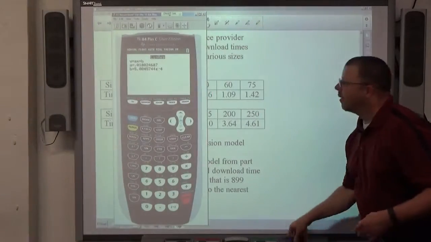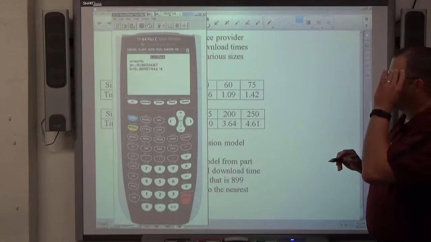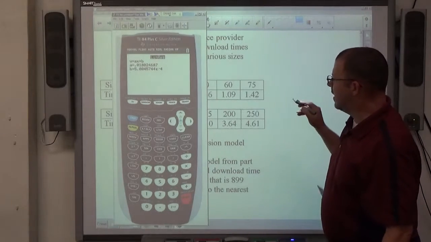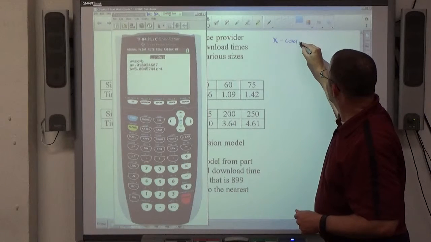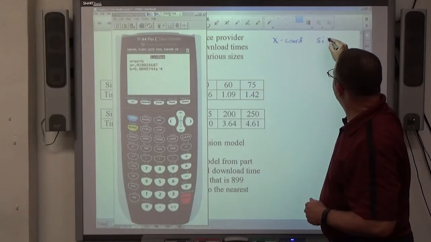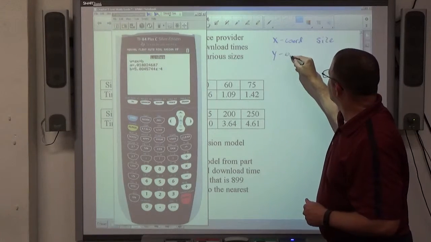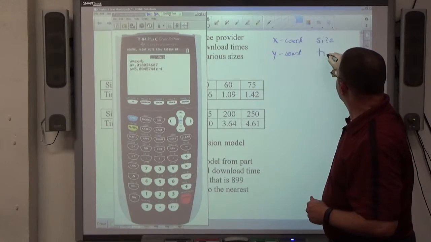So if I'm writing the linear regression line here, again, size and time. So the x coordinate is size, and the y coordinate is time.